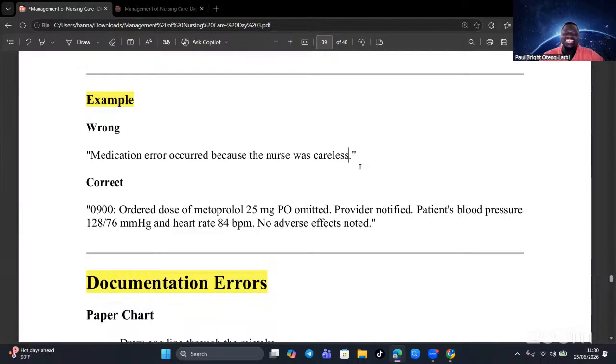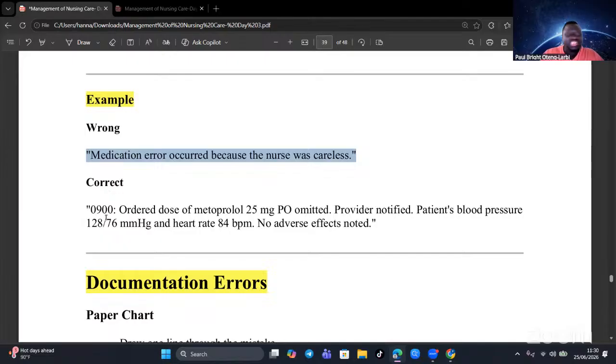We call it nurses appraiser or staff appraiser. What do they write about you when they are working with you? So as a nurse manager, don't go and write this against anybody's name, that medication error occurred because the nurse was careless. No, it's wrong documentation.